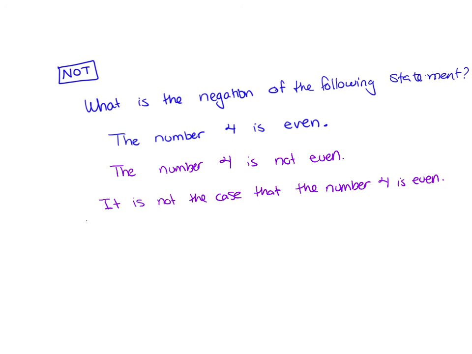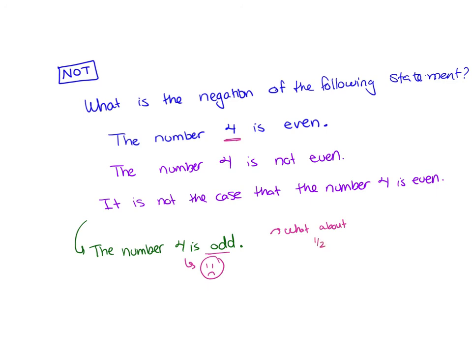Perhaps I could say the number 4 is odd, right? But that might not actually be the right negation, because if I'm saying that either a number is even or I'm saying it's odd, we're not considering non-integers. So what about one half?